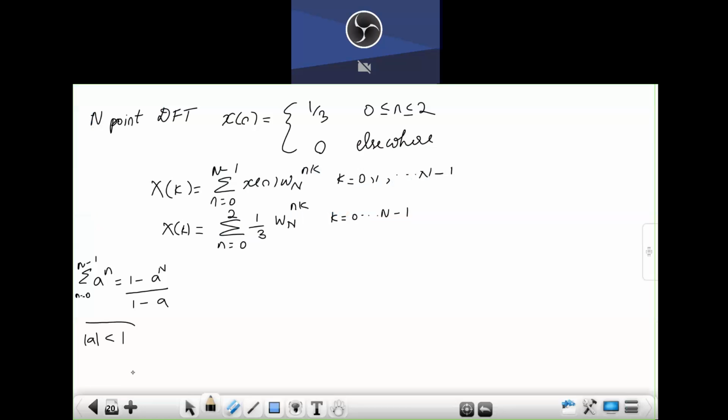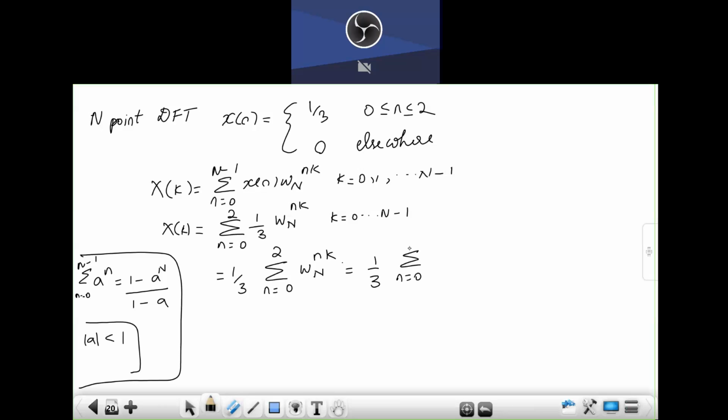Make use of that formula and write down. So 1 by 3 is a constant, you take it outside: 1 by 3 summation n equal to 0 to 2 W_N power nk. This is the expression. For this you can solve easily. So W_N you replace it as your exponential term.